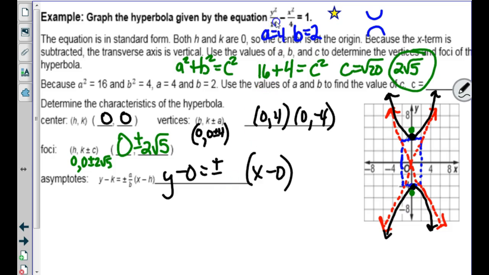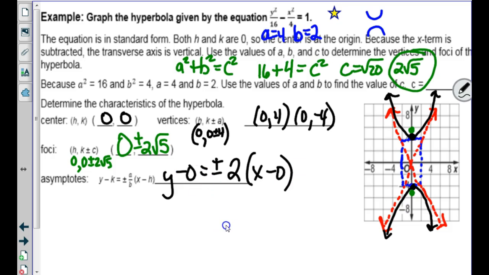What's underneath the y goes on top. So a over b would be 4 over 2, or 2 over 1. Is that what we were doing, guys? Did we go in our little box here up 2 over 1? Right? The slope right there was up 2 and over 1. If we'd gone down, we'd go down 2 and over 1 to get this other one. And I'm just going to let you leave it like that.